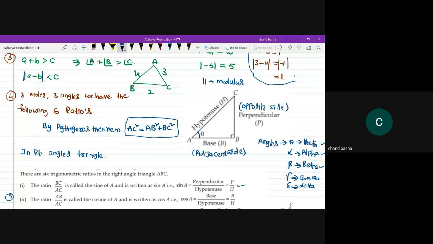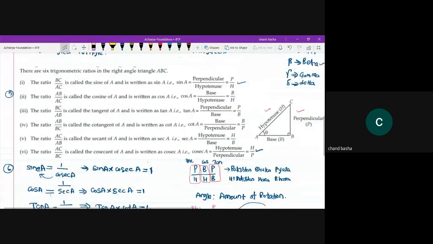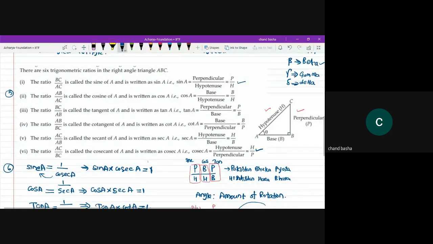Adjacent to A is the adjacent side, or we can also call it the base. And opposite side, or perpendicular to theta. Let us see, theta is here, or angle A is here. Opposite to angle A is the perpendicular, and we can call it the hypotenuse. Hopefully, everyone knows the Pythagoras theorem. Based upon the Pythagoras theorem, for our convenience, these 6 trigonometric ratios are discussed.